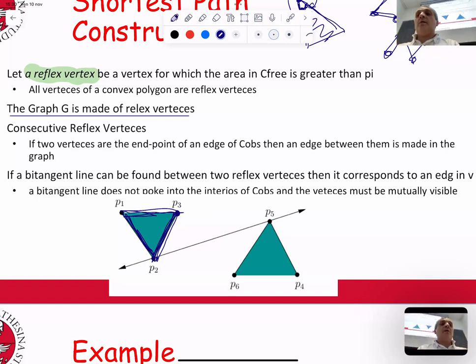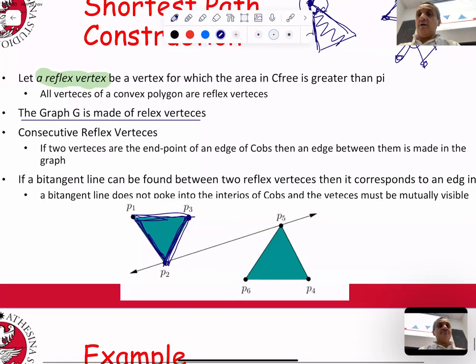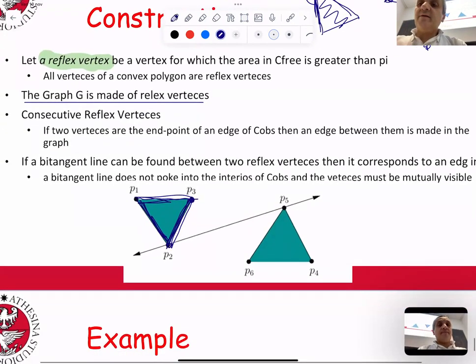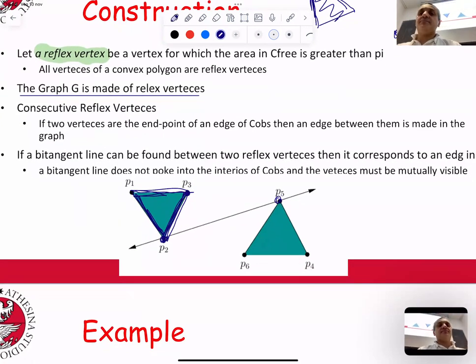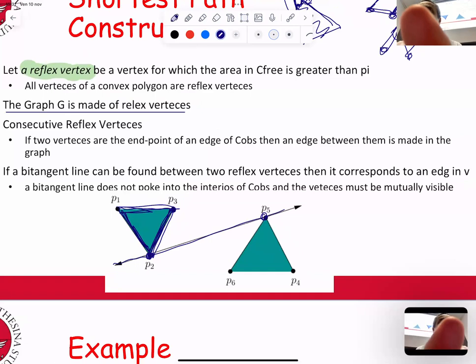Okay. In addition, if you consider two other points like this, if there is a bitangent line, so you join these two points, if the line that joins the two points is tangent to both the obstacles that it crosses, then it's part of the graph, so it is an edge.